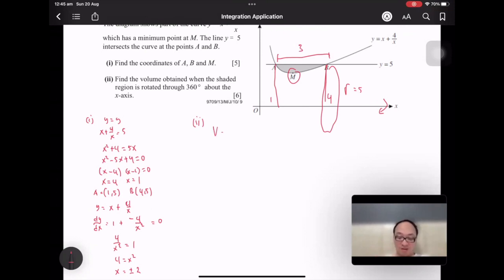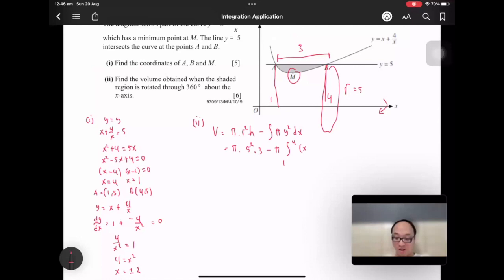So the volume will be pi r squared height minus integral pi y squared dx. So pi times 5 squared times 3 minus pi integral from 1 until 4 y squared.